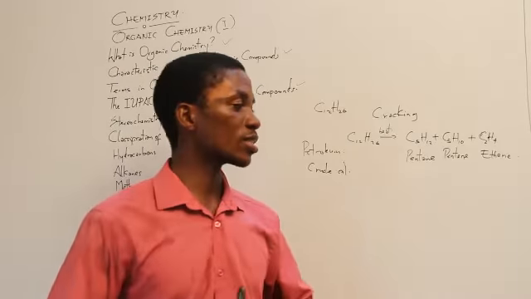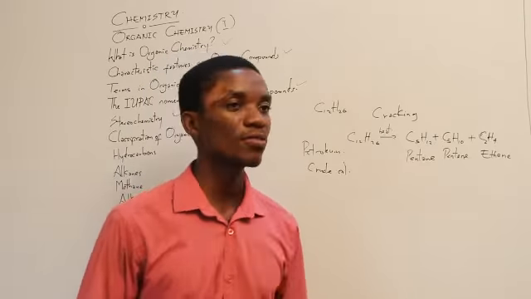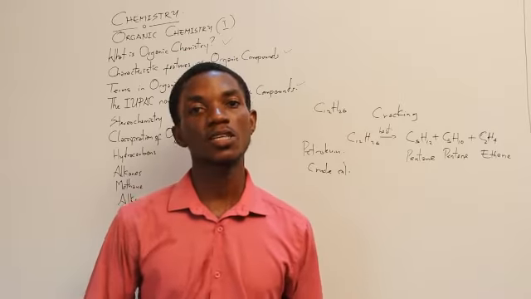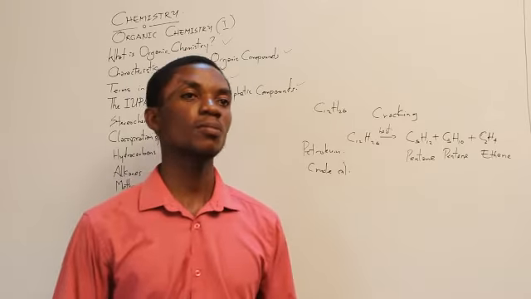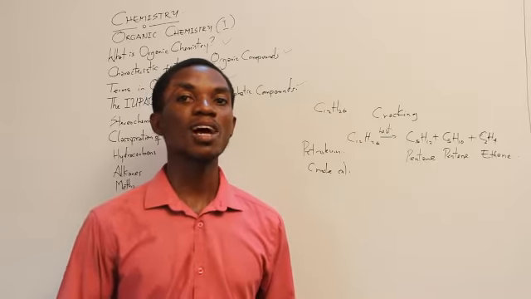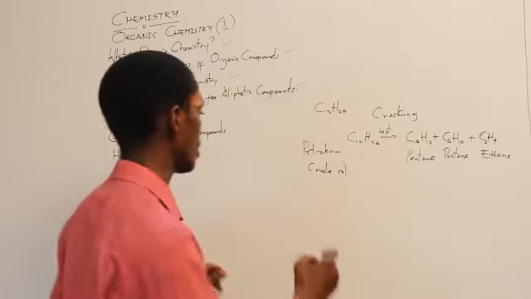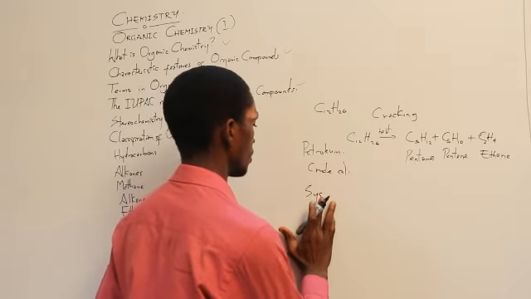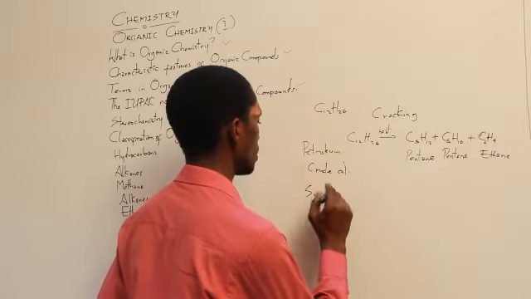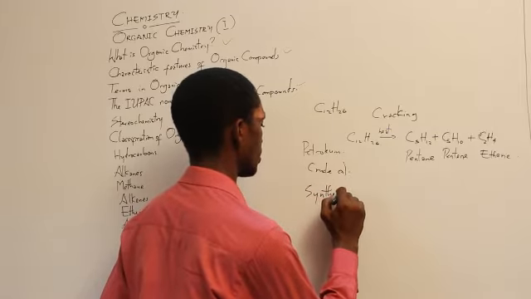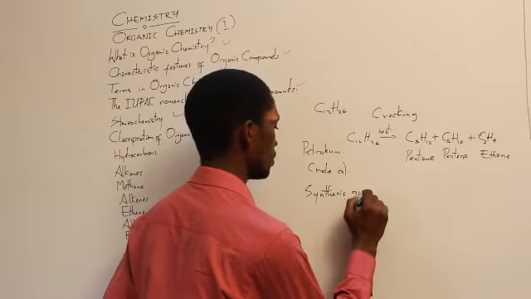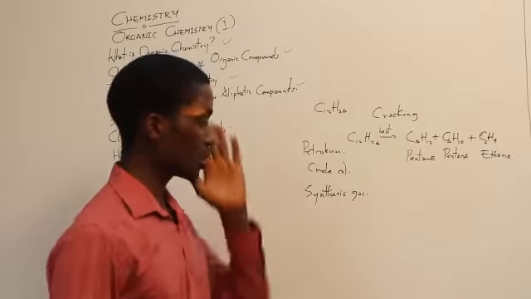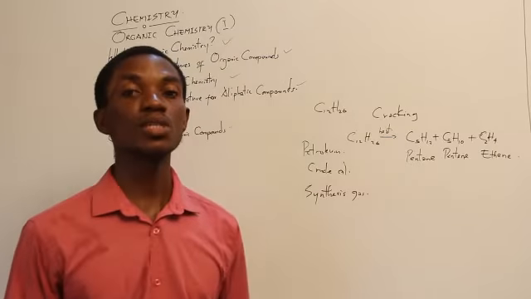So what are the advantages, or what are the benefits, what are the uses of these petrochemicals? Petrochemicals can be split into about, let's say, 3. We have what we call the synthesis gas. The synthesis gas is one of the substances that is released.